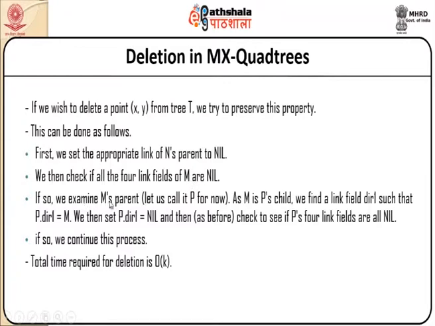If so, we examine M's parent, let us call that P. As M is P's child, we find a link field dir1 such that P dot dir1 (direction 1) is equal to M. We then set P dot dir1 equal to nil, and then check to see if all 4 links are nil. If so, we continue this process, or else if there is found to be a specific node which is branched from that particular node, then we cannot delete that particular node.